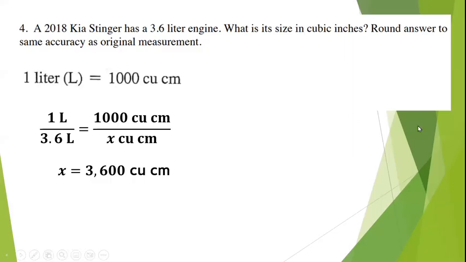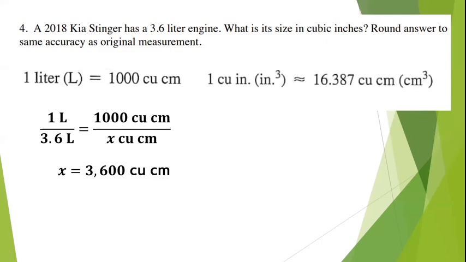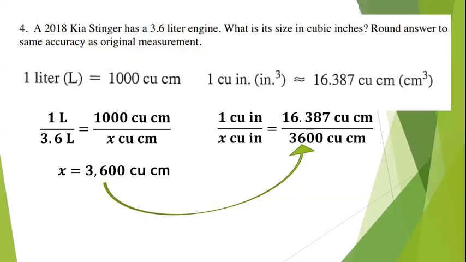Now, finally, we need to convert that into cubic inches. So here's the conversion we're going to use. 1 cubic inch is approximately 16.387 cubic centimeters. So using that 3,600 cubic centimeters that we just calculated, here's our final proportion.